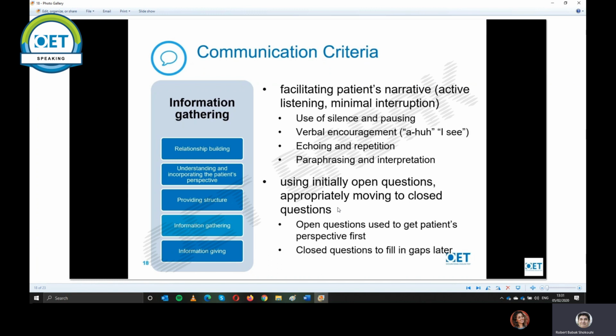You need to establish what kind of chest pain it was. At first, you start with WH questions, with open questions. Then you fill in the gaps with the questions that you need, whether it radiates, does it come and go, or is it always there? We don't say or, we say, does it come and go? Does it go anywhere in your body? Did you have any other symptoms with it? So basically, these are filling the gaps, the closed questions. Is that okay? Yes. Okay.